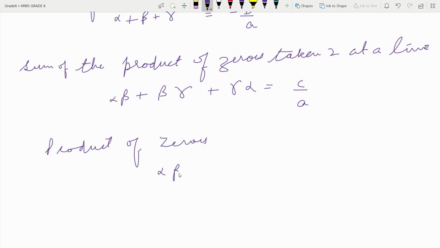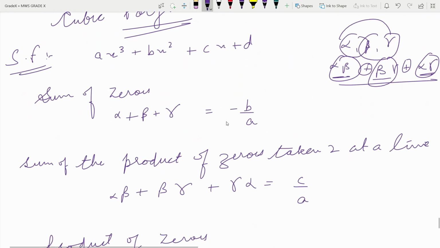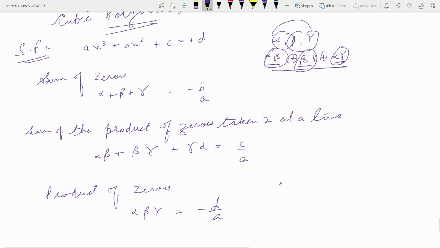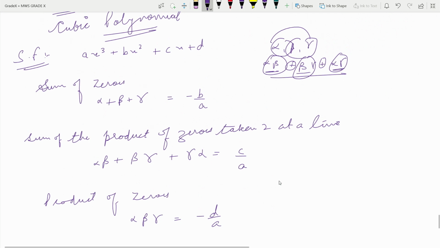Directly we will multiply all the three zeros, and this is equal to minus d upon a, and d here is the constant term and a is the coefficient of x cube. So this formula we are going to use now in this exercise. Write this before the starting of this exercise. Write this verification formula. Now let's start with exercise 2.4.